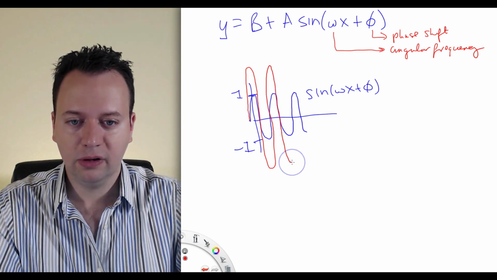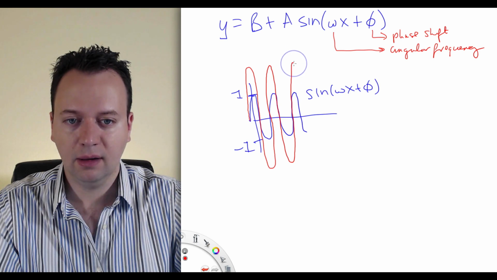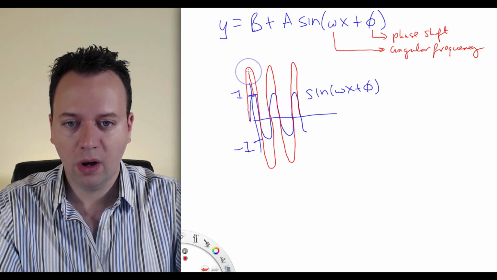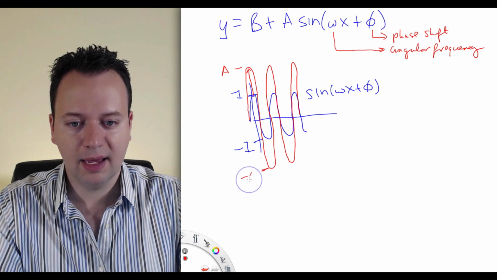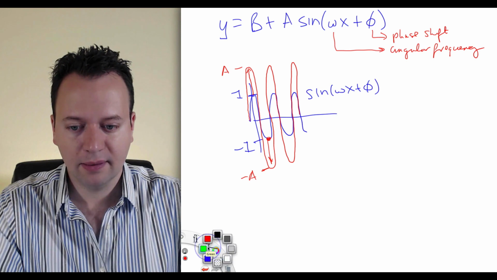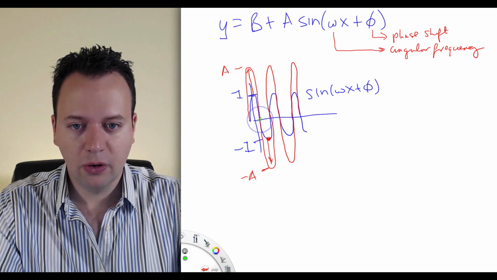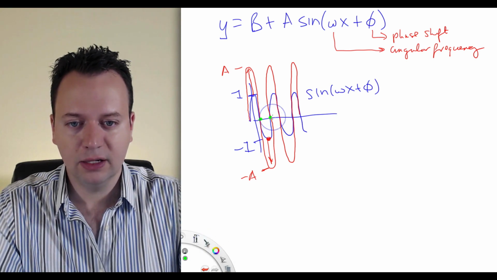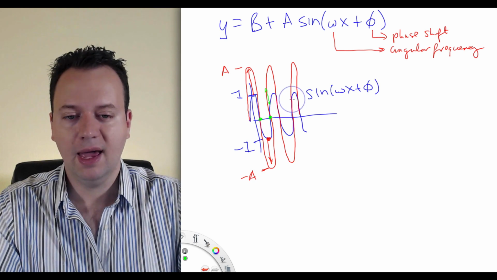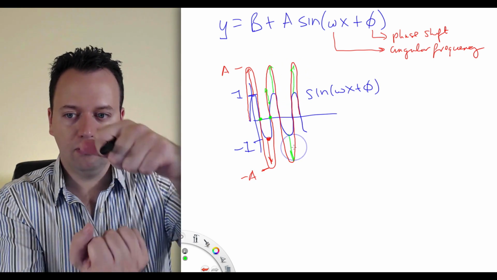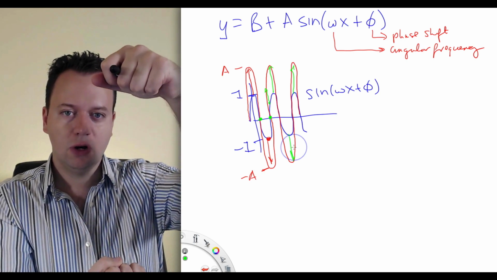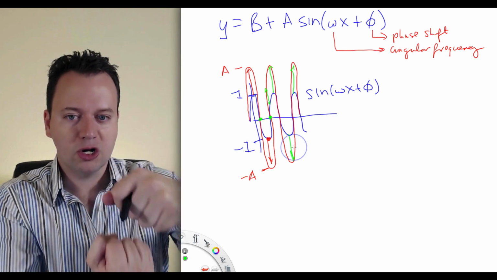This 1 gets multiplied by a and becomes plus a, this minus 1 goes to minus a, and 0 still stays 0.